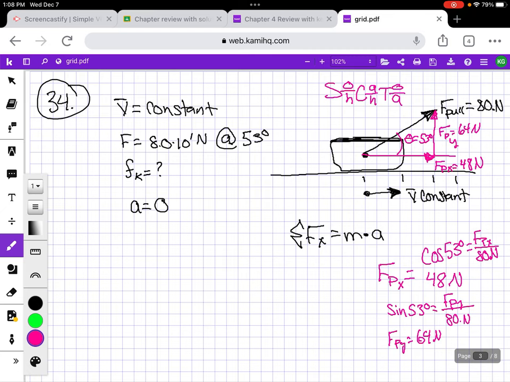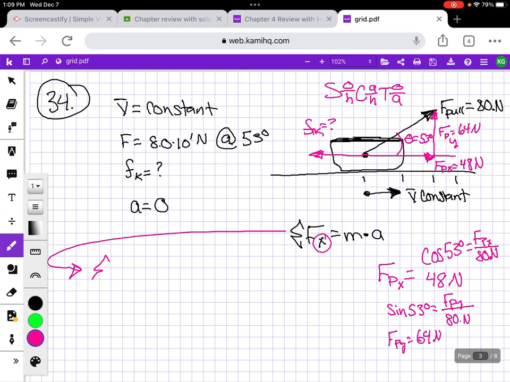Okay, so now if we sum our forces in the x, we know we're also going to have this frictional force. And this is what we're actually solving for: what is this kinetic friction? The only forces acting in the x direction are going to be the force pull in the x and the friction force. So I'm going to come over here and redo this.